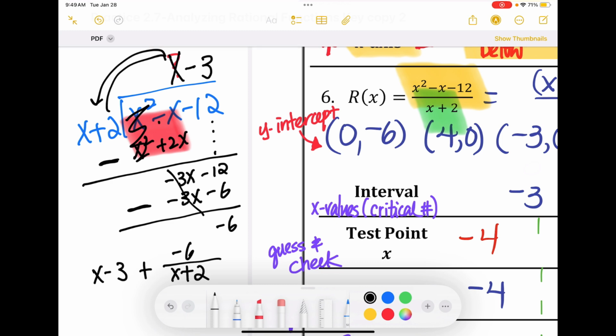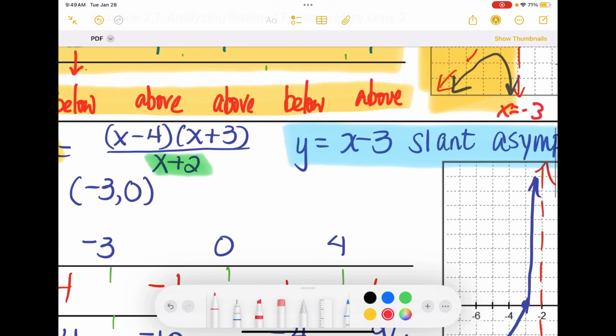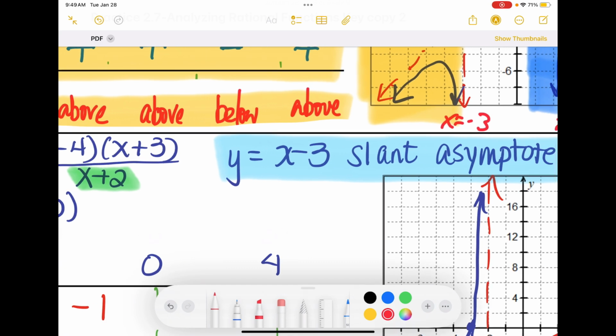Now we talk about in algebra, because you have a denominator, right? Whenever the number you plug in becomes bigger and bigger and bigger, that remainder will eventually become 0. So therefore, this x minus 3 will be my slant asymptote. Now, this is very cool.